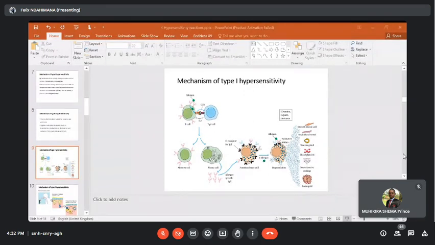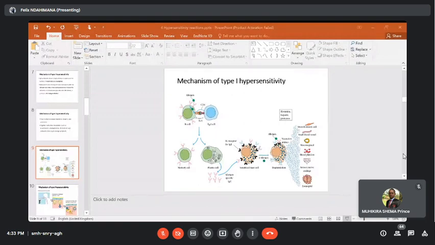There will be a lot of antibody on the mast cells, which will cause them to degranulate, a process whereby they burst and release the internal content, which includes heparin, histamine, proteases, prostaglandins, a lot.